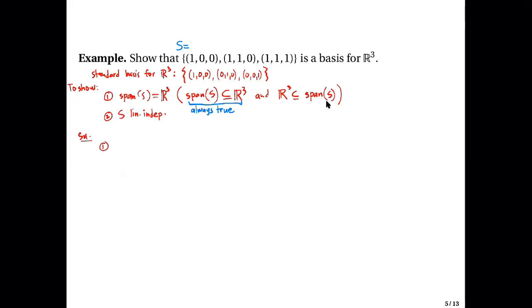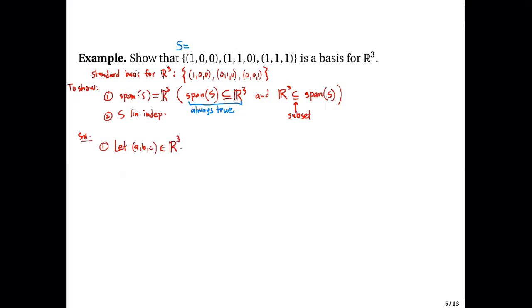Okay, let me write this subset. So this is what we're going to do. To do that, you start by taking any arbitrary vector in R3. Let (a, b, c) be an element of R3.